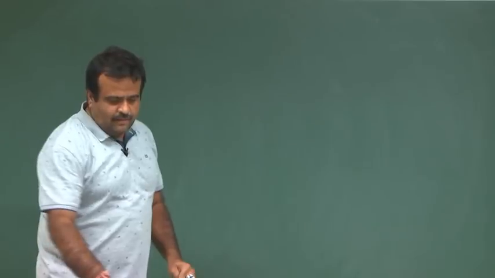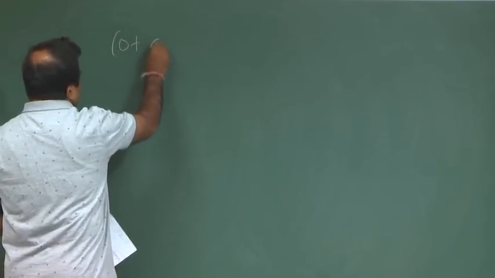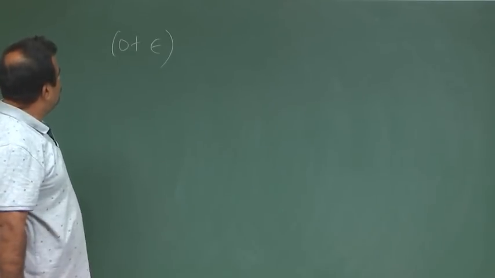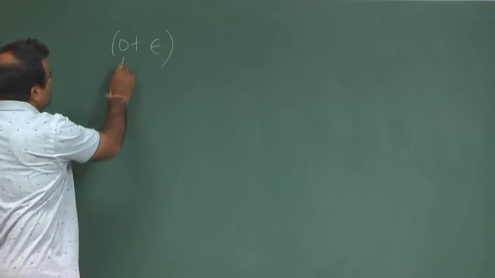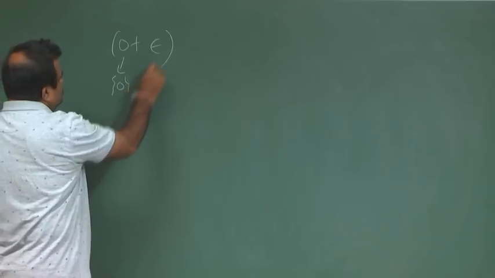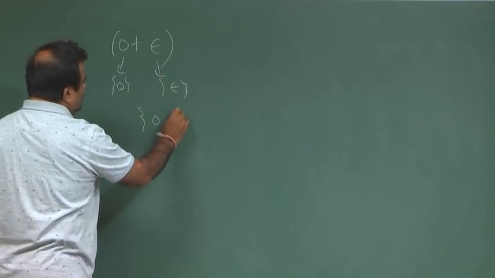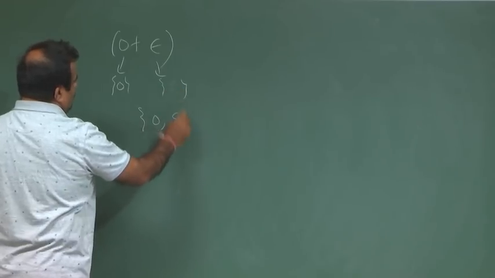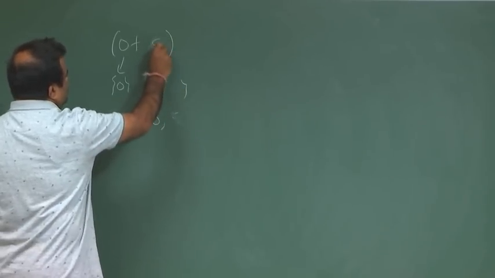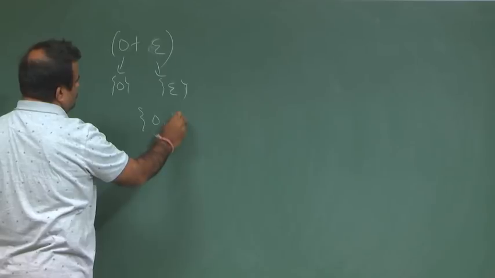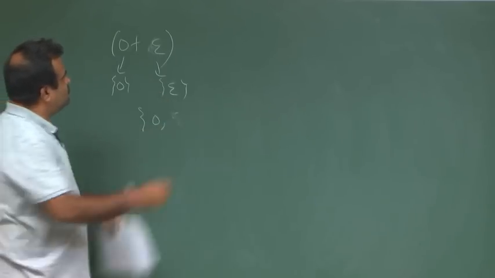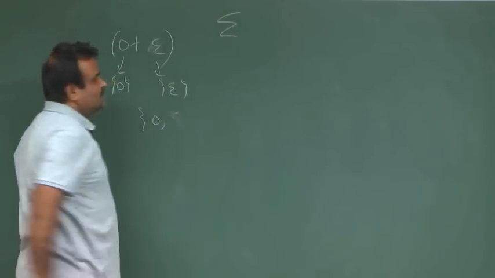Okay. So, then we can have something with 0 plus epsilon. What is this language? This is 0, this is epsilon. So, this is nothing but 0 and epsilon. Epsilon we can write in this way so that we should not mix epsilon with this sigma.